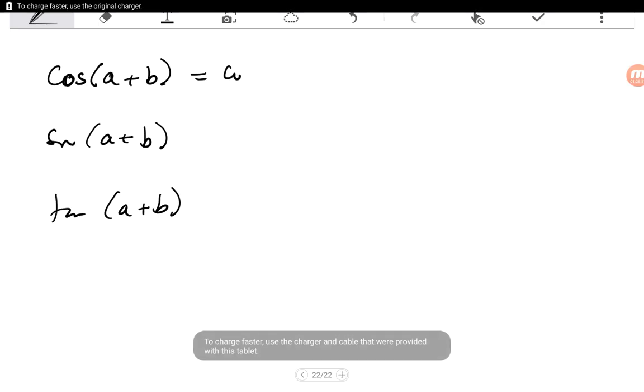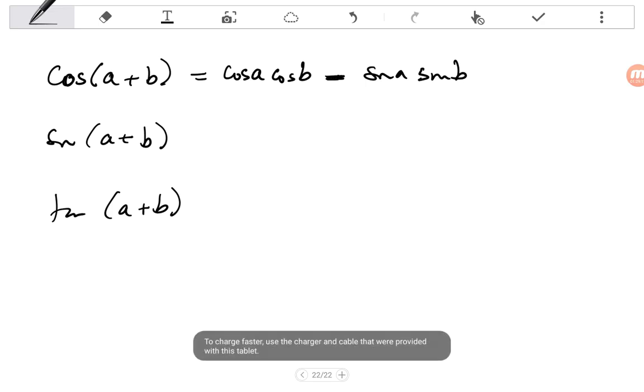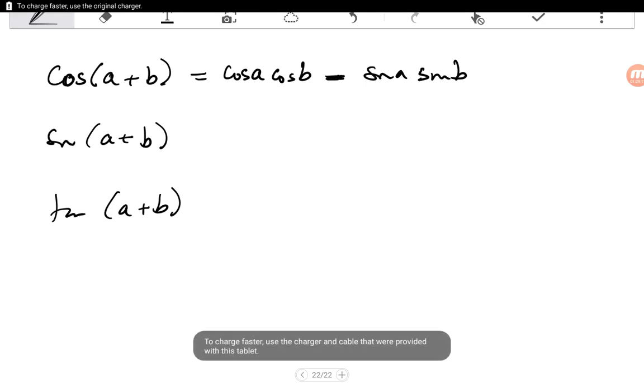Cosine A plus B is cosine, and a different sign, which is negative, then it will be sine. So it is memorized: cosine A plus B is equal to cosine, sine, with an opposite sign between them.